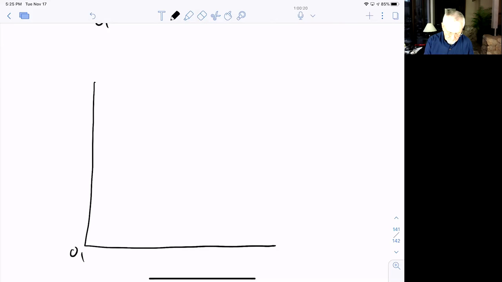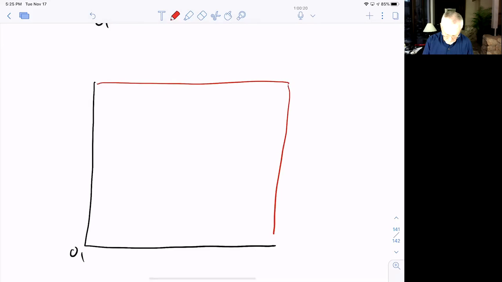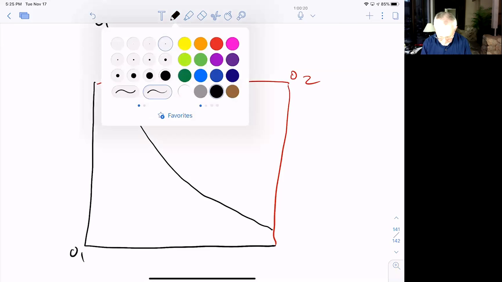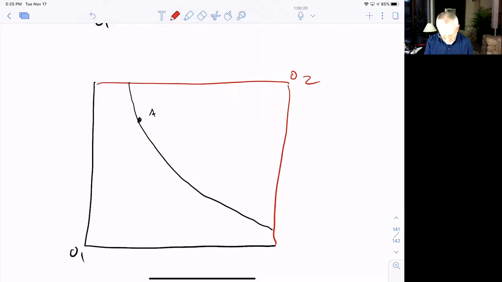So what's that going to look like? We started here at point A. Here's the indifference curve for 1. Here's the indifference curve for 2 that goes through point A. They're going to trade, and they're going to trade somewhere into this area that's between these two indifference curves.